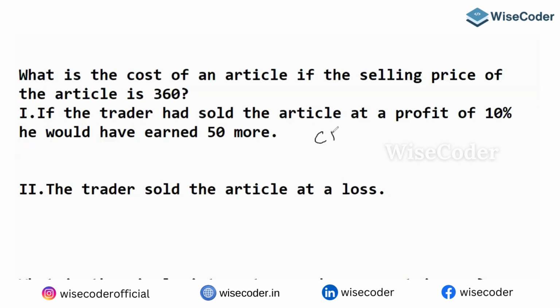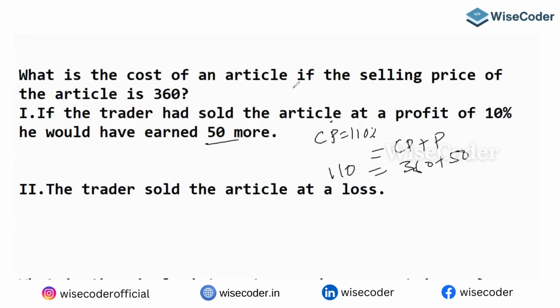You know this thing: your cost price is always 100%. If he sold it for 10% extra, then the actual cost price plus the profit, that is 360 plus 50, which equals 110%.